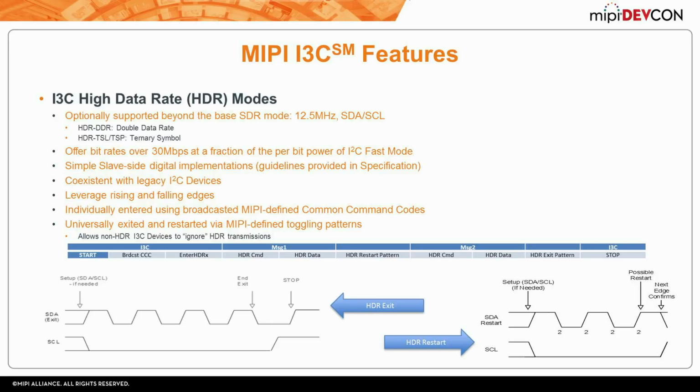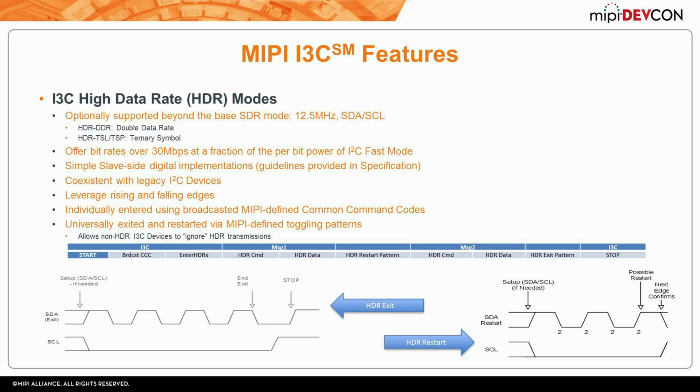So high data rate modes, and what comes with I3C today in the specification are effectively two unique modes, and we see these as extensible. So we provide a framework for entering the realm of HDR modes and exiting them in a standardized manner, and what you do in between there is your business, but you cannot break the bus while you're in there.